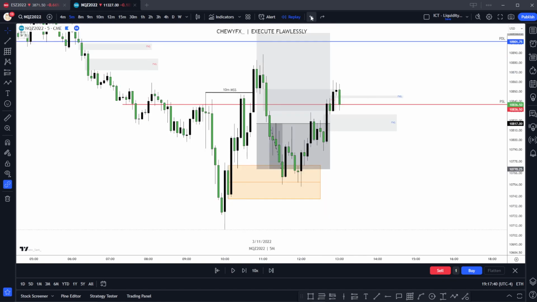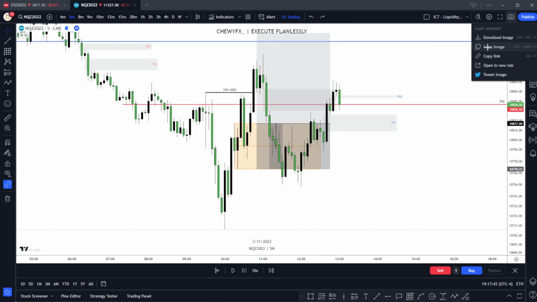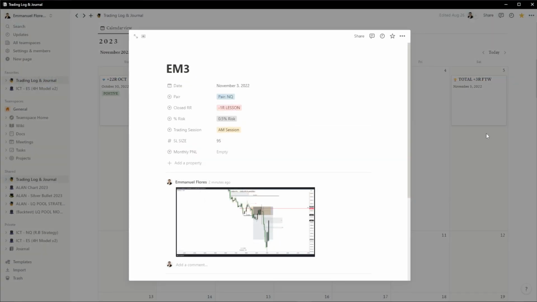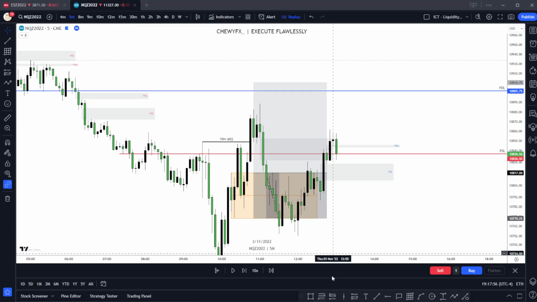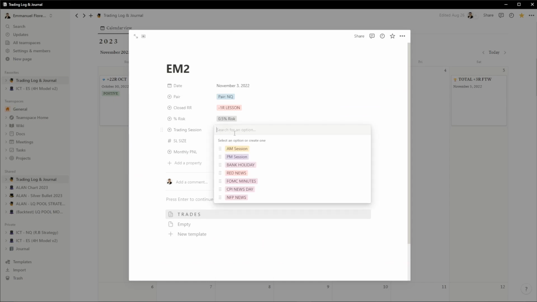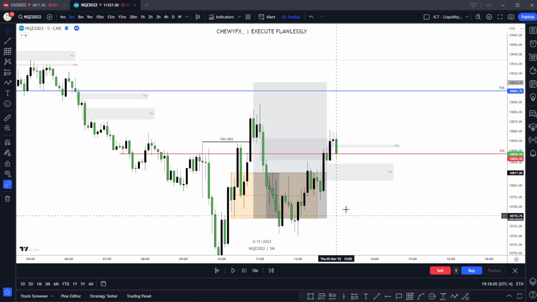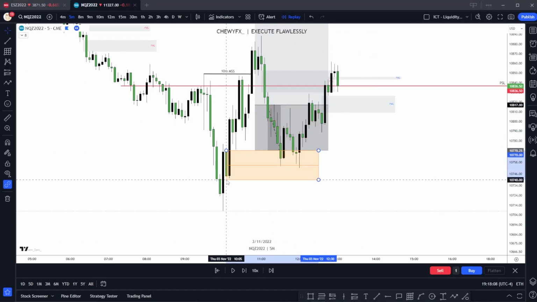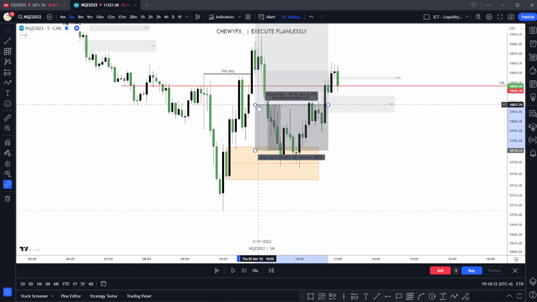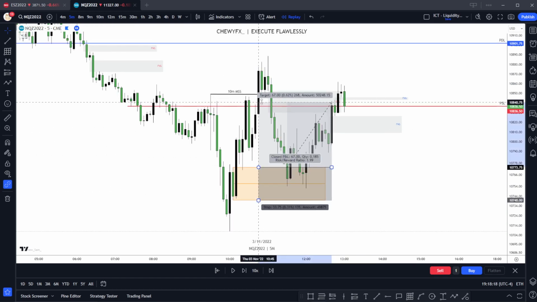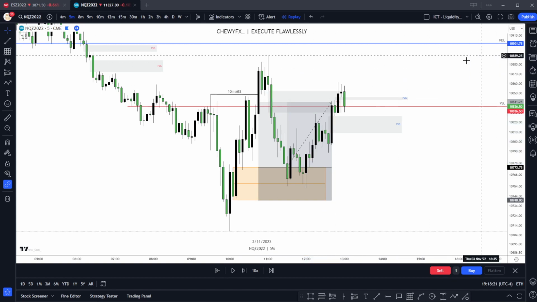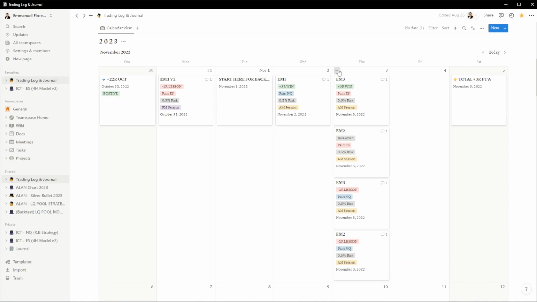I will write down both of these. I am just journaling this for my own reasons, but I am not counting this as a win because I would not have entered off of that block.